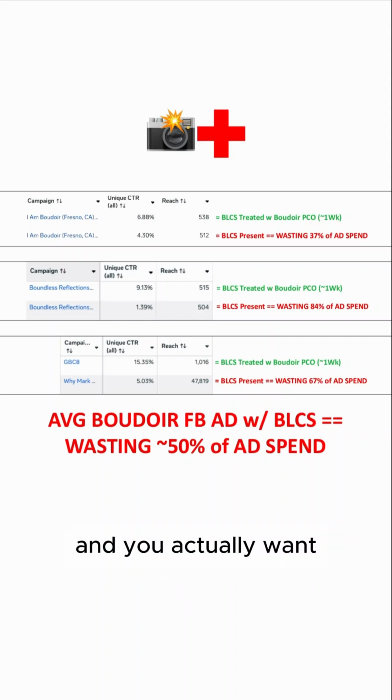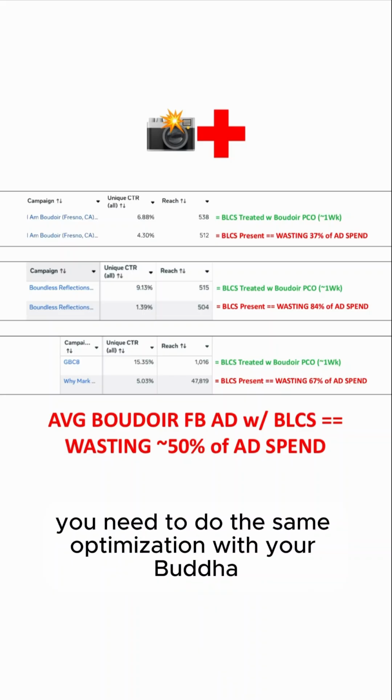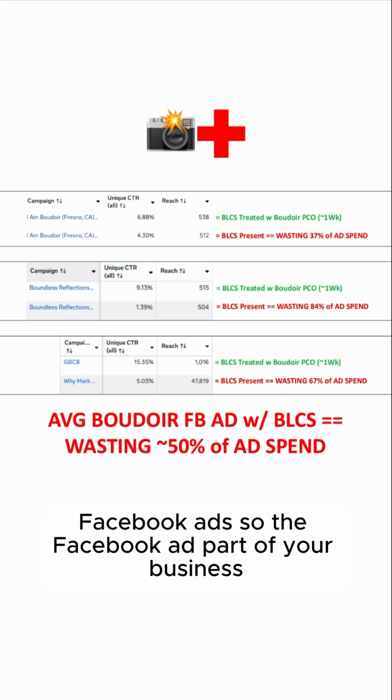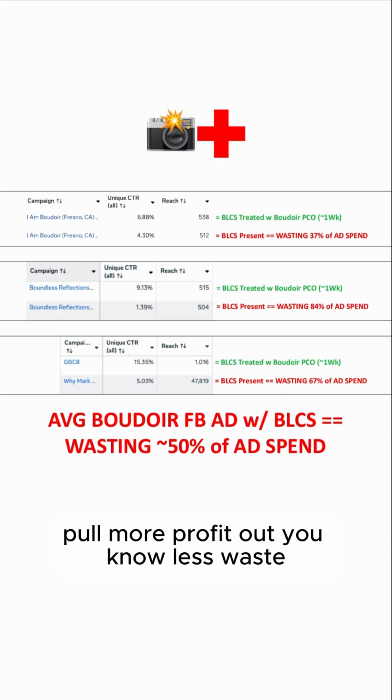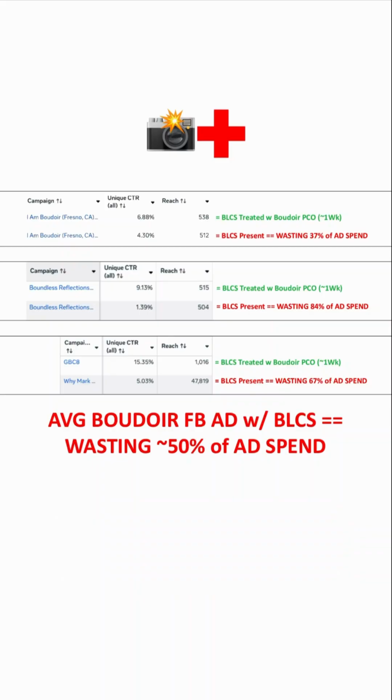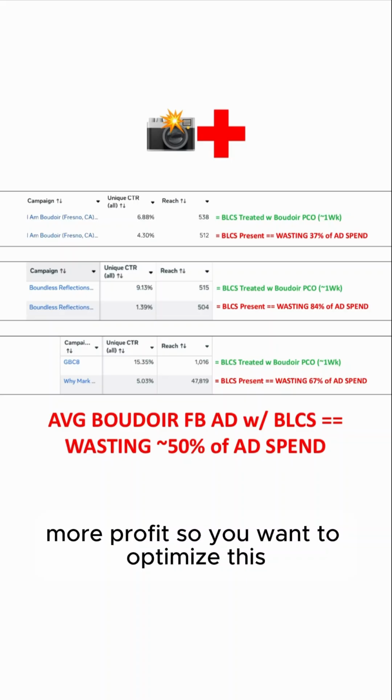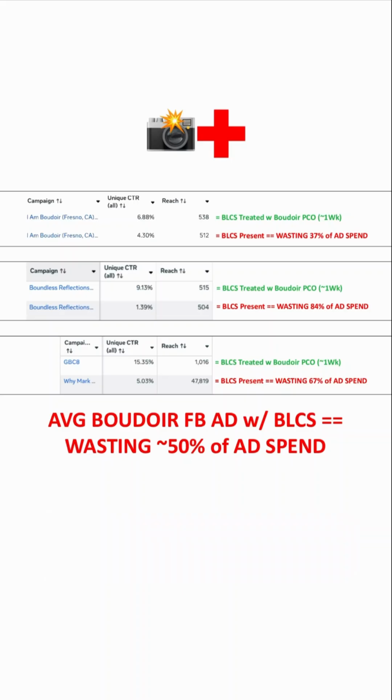And you've decided now you need to do the same optimization with your Boudoir Facebook ad. So the Facebook ad part of your business: pull more profit out, less waste, fewer inputs, same profit, or more profit. So you want to optimize this.